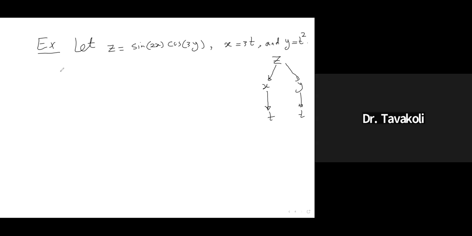Now the question is to find dz over dt. As I mentioned, I should write the answer in terms of the lowest variable, in this case, t.